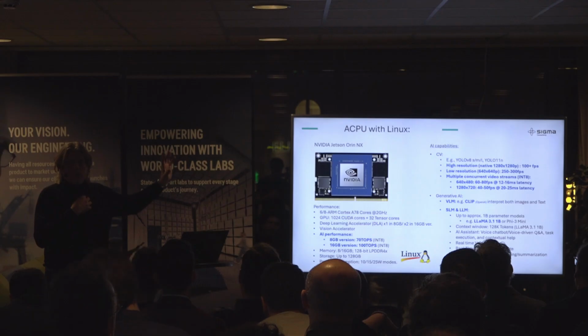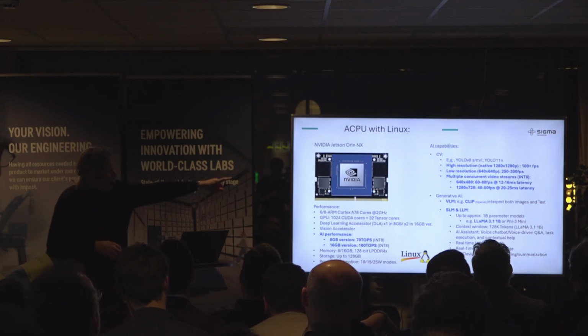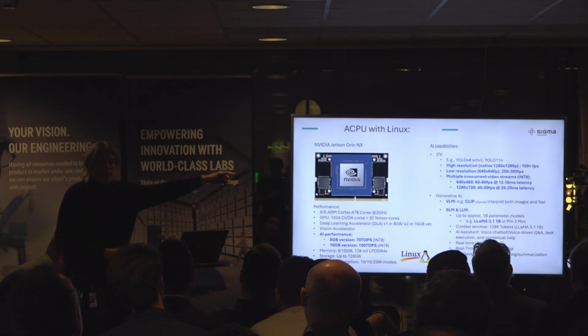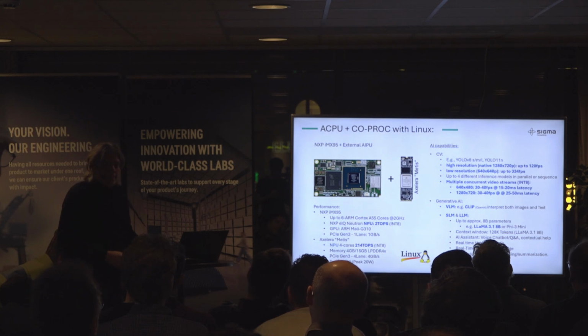So when you compare this platform, you can set it to different power modes, up to 25 watts, which is the maximum, and then you can peak a little bit higher than that, which is what you need to do the performance that I have stated on the right-hand side, which is very close to the same frame rate, the same resolution and the same latency as the one that we have here with a coprocessor.